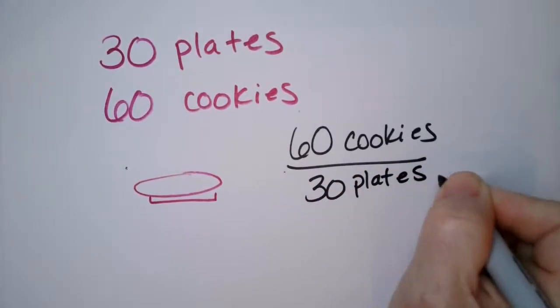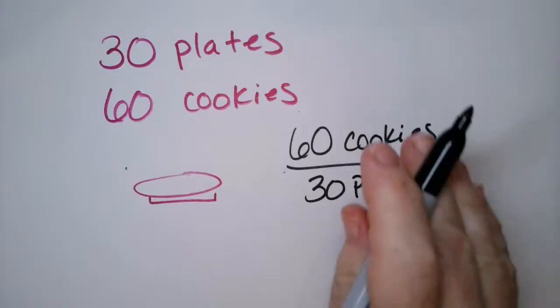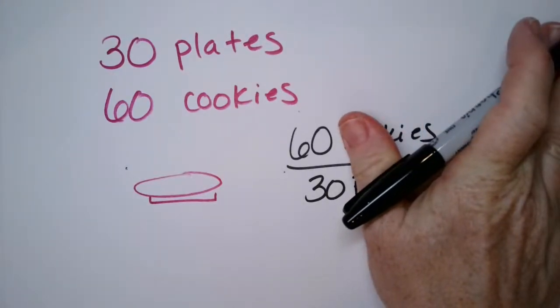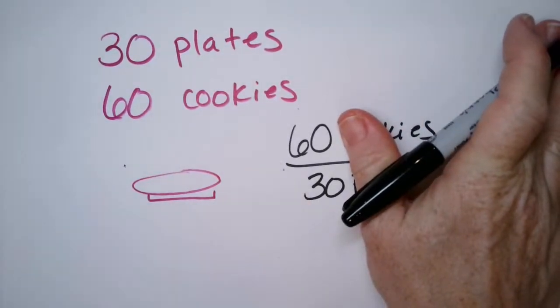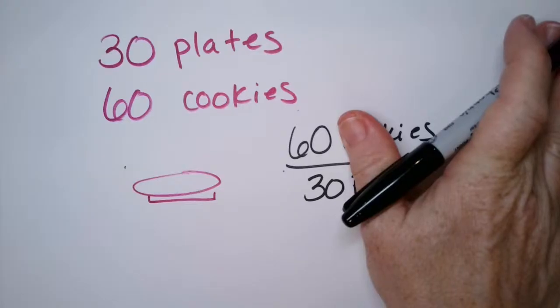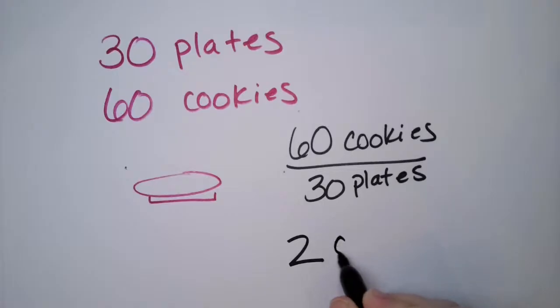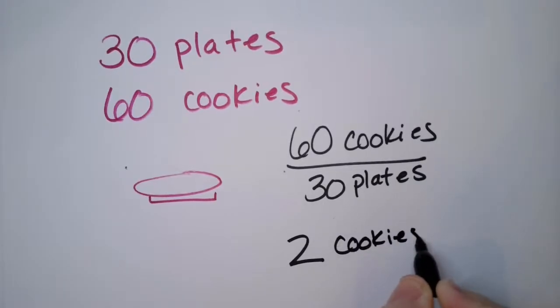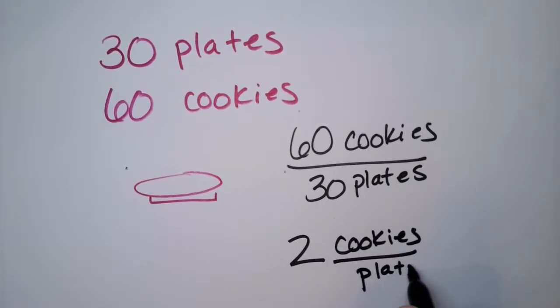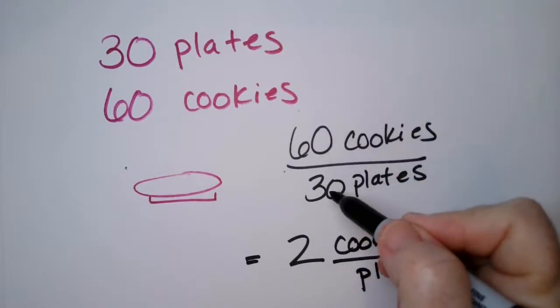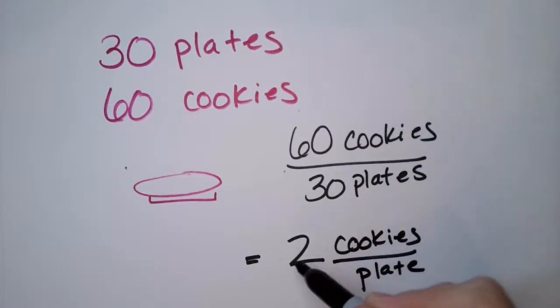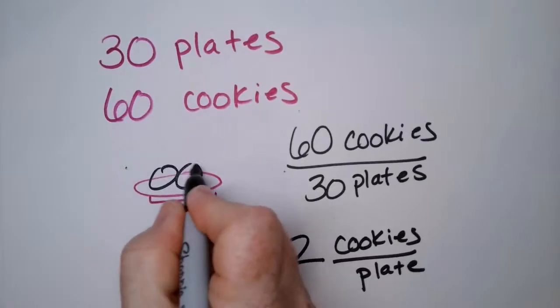See, I can put words in fractions also. 60 over 30. How many times does 30 go into 60? 30 twice. So this is 2 cookies per plate. So we just did the division here, and we kept the units. 2 cookies per plate. So 1, 2, there they are.